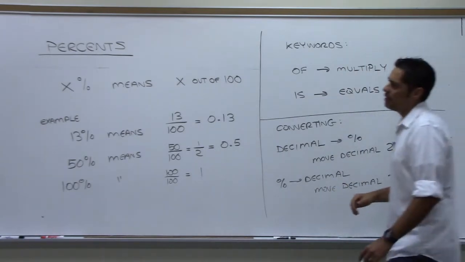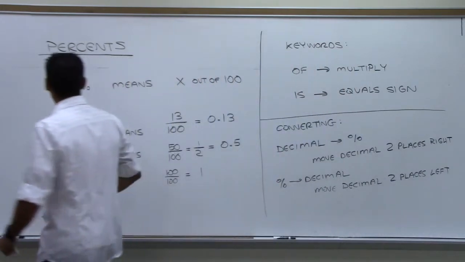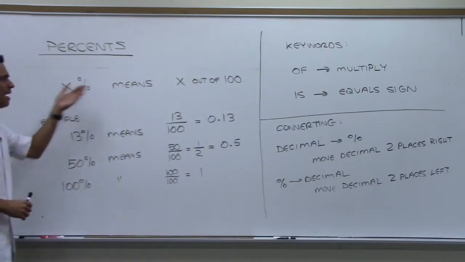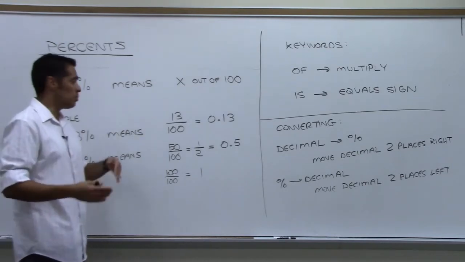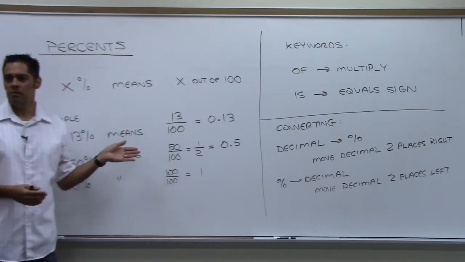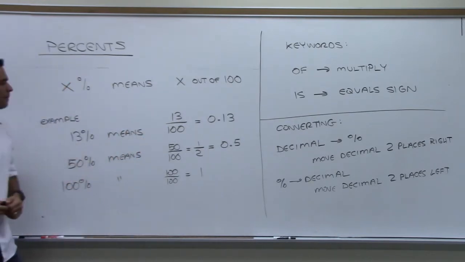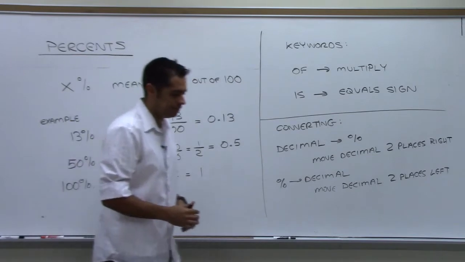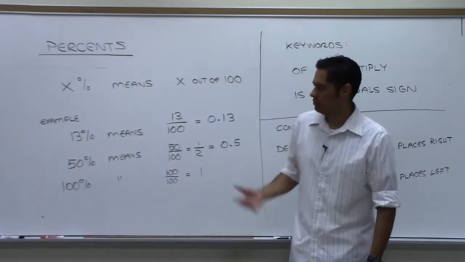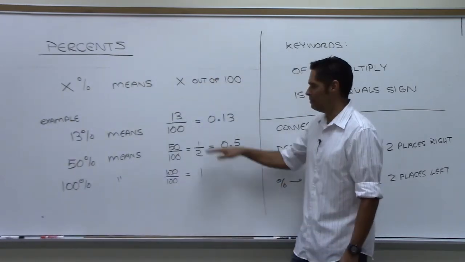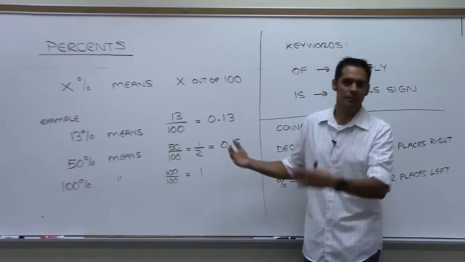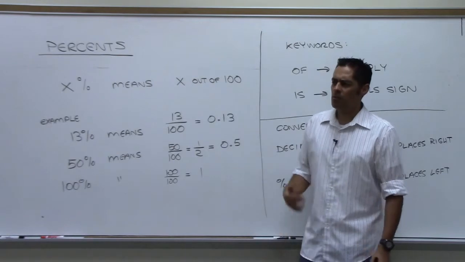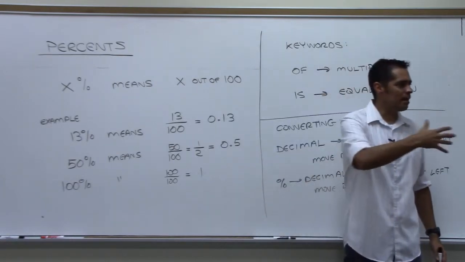When you see something like X percent, all this means is X out of 100. So when we say 13%, what we mean is if there were 100 of these things, we're talking about 13 of 100. So 13% of people love iPhones. That's probably a low percent, but that means if there were 100 people, 13 out of 100 would love iPhones, right? But that's not really realistic when you look at something like a classroom.